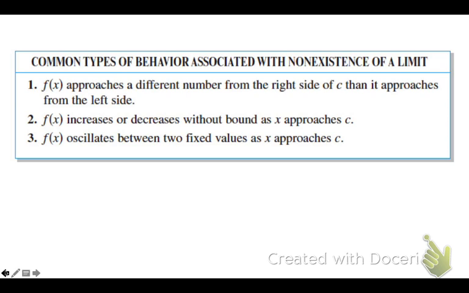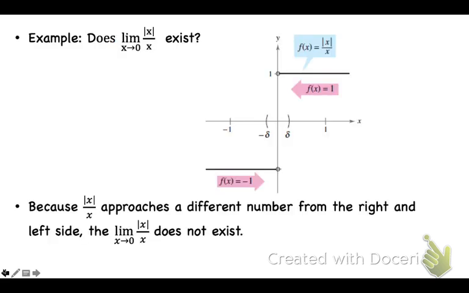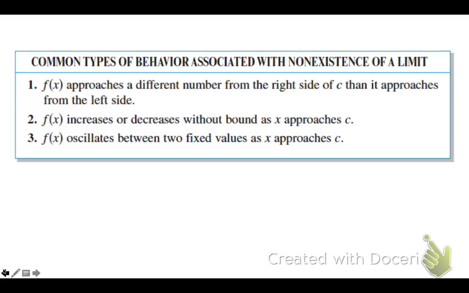It would be something like this, and it would go like this, and like that. It doesn't exist. Can we get to infinity or negative infinity? No. It doesn't exist.